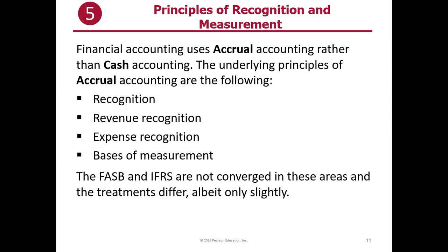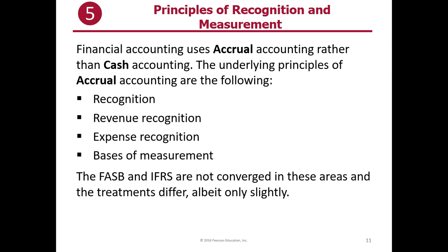Then the second factor affecting the financial reporting is elements of financial reporting. They are point in time elements and period of time elements, the balance sheet components and the income statement components.